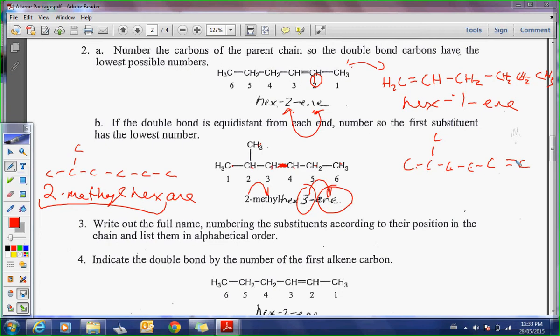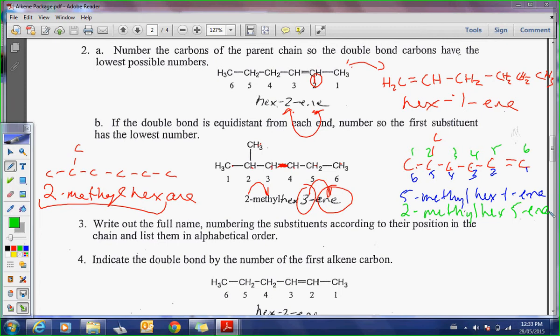Okay, so now you're wondering, should I count them this way? 1, 2, 3, 4, 5, 6. And then it would be called 5-methylhex-1-ene. Did you hear that? Or should I number it the green way? 1, 2, 3, 4, 5, 6, and then it's 2-methylhex-5-ene.